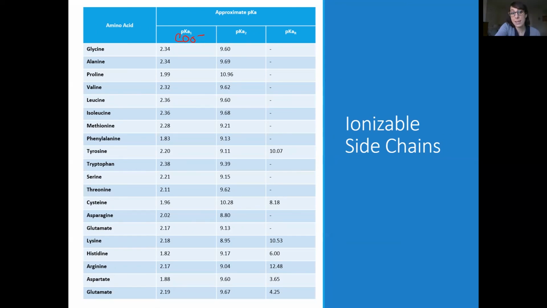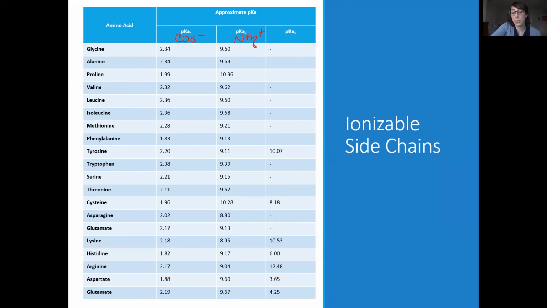The second pKa is the pKa for the amino group. So again, that is the pKa at which that NH3 plus will get rid of its proton, its hydrogen group. And that's for every amino acid. So every amino acid has those two pKa's.